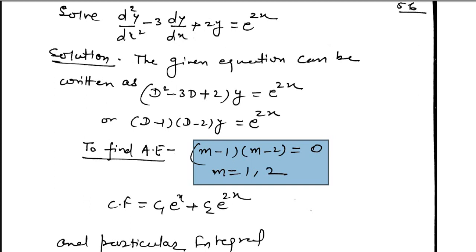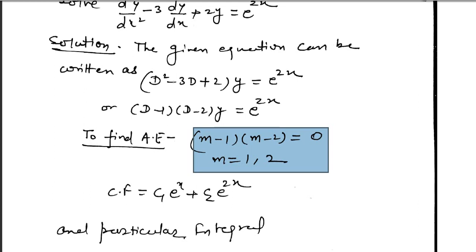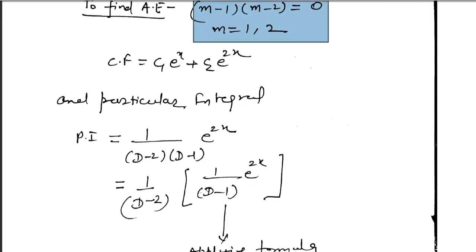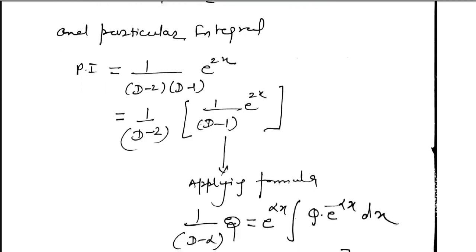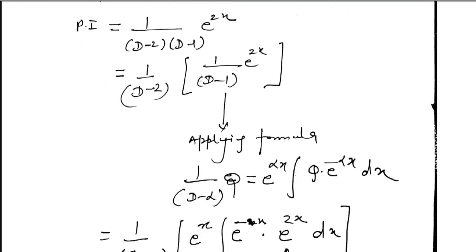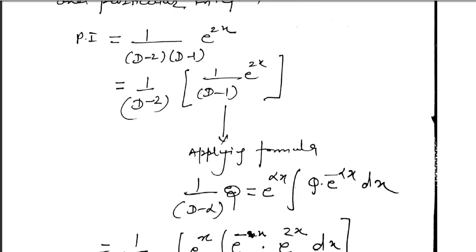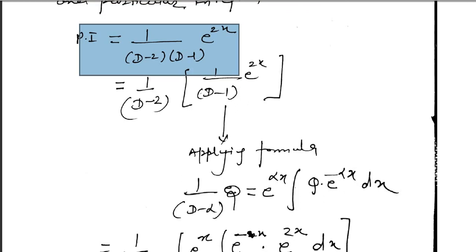Now what is particular integral? Look at here. Here we have to calculate the particular integral PI, and we know that PI is equal to 1 upon f(D) into Q. So here PI is equal to 1 upon (D minus 2)(D minus 1) e to the power 2x.